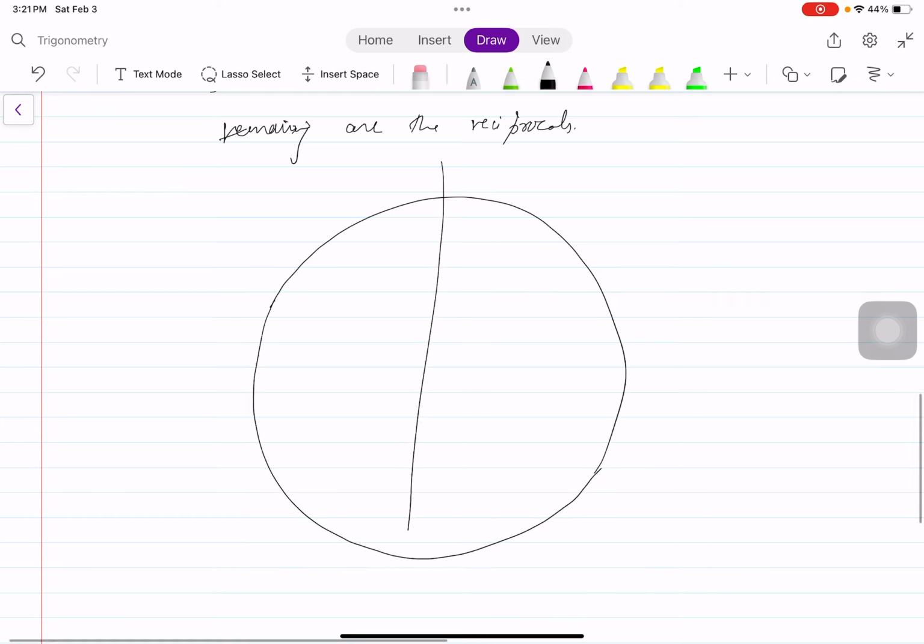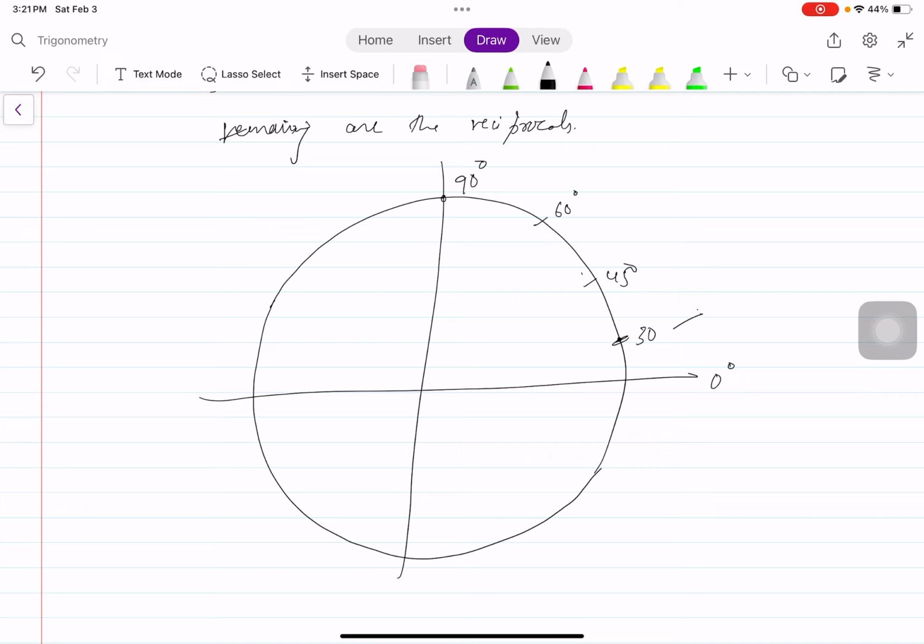Say this is 0 degrees, this is 30 degrees, 45, 60 and 90 degrees. The coordinates of these points are cosine, sine. The first point is cosine 30, which is square root 3 over 2, and sine 30, which is 1 over 2.